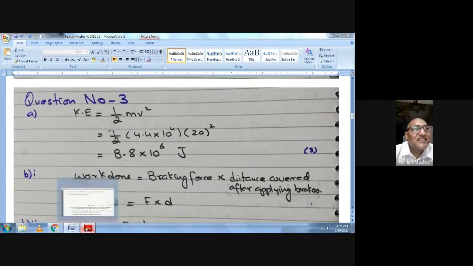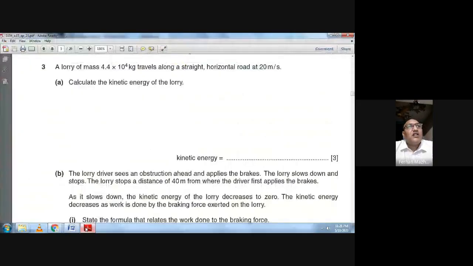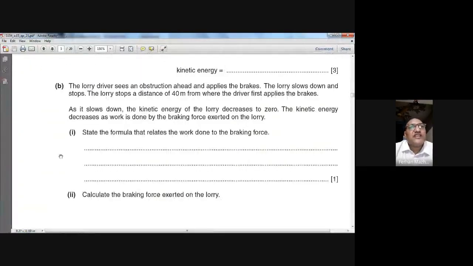Okay. The next question they are asking is, the lorry driver sees an obstruction ahead and applies the brakes. The lorry slows down and stops. The lorry stops a distance of 40 meters from where the driver first applies the brakes. As it slows down, the kinetic energy of the lorry decreases to zero.